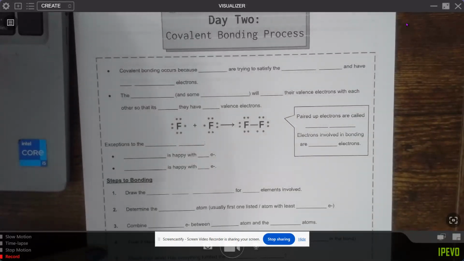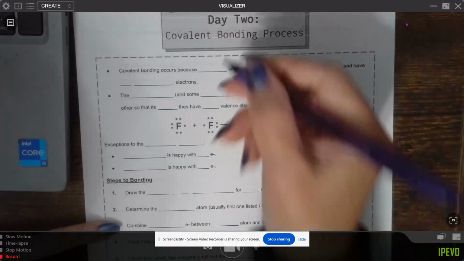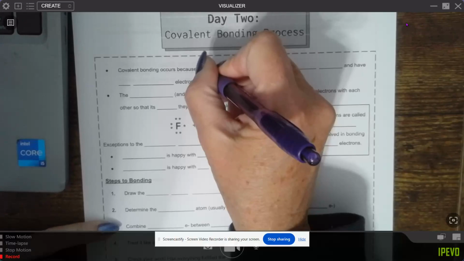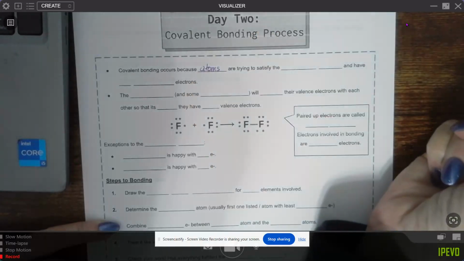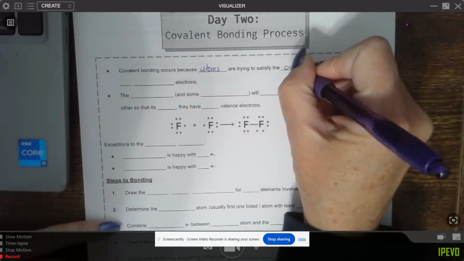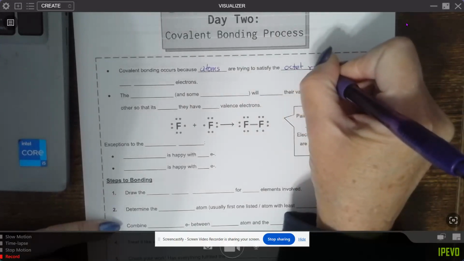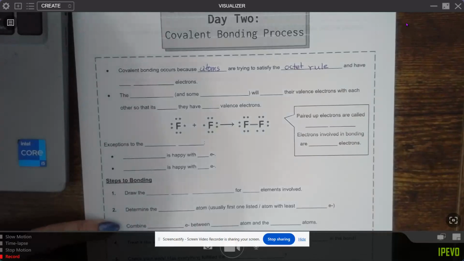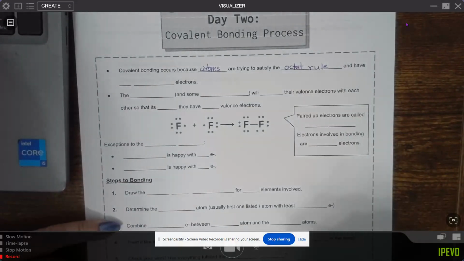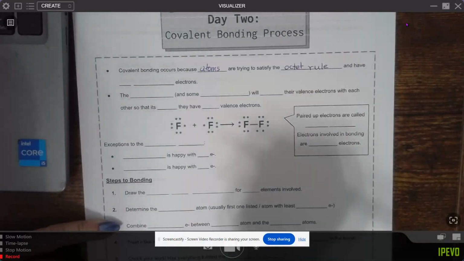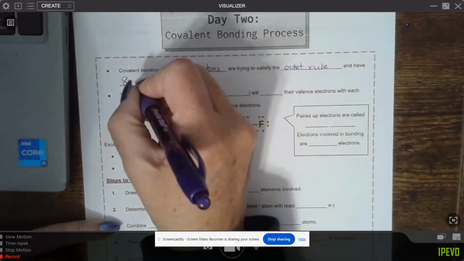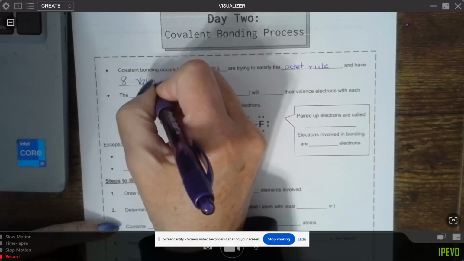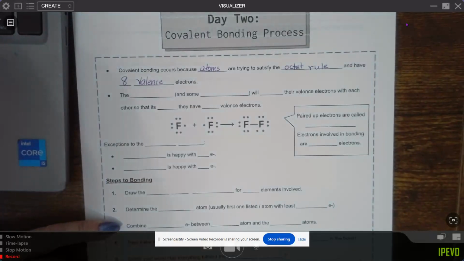So covalent bonds occur because atoms are trying to satisfy the octet rule, which means that all atoms are going to be most stable when they have 8 valence electrons. So 8 electrons in that outer shell.